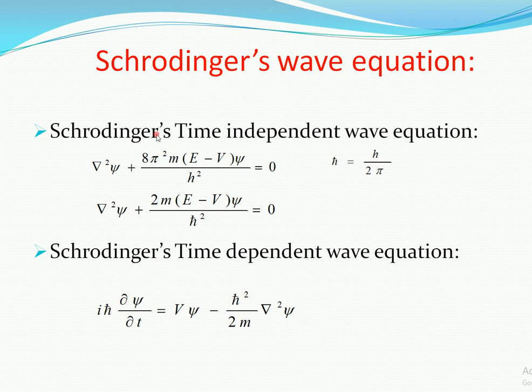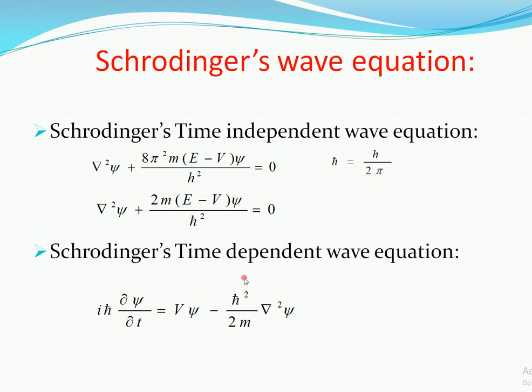So Schrodinger's time independent wave equation is del square psi plus 8 pi square m into E minus V psi by h square is equal to 0. If we put h upon 2 pi as h cross, then we get del square psi plus 2m into E minus V psi by h cross square is equal to 0.